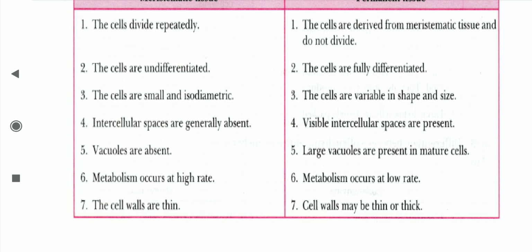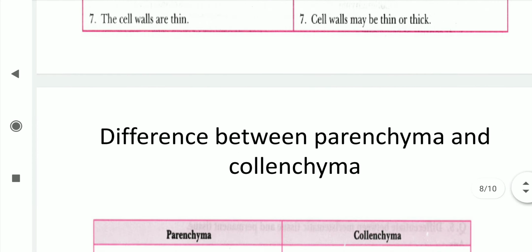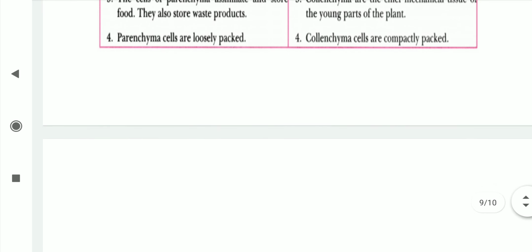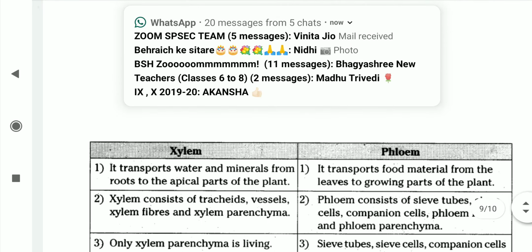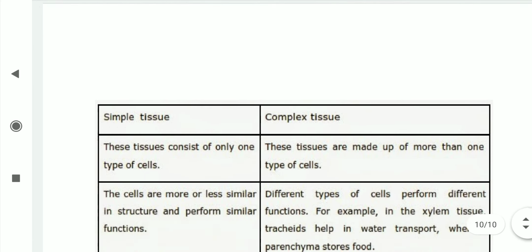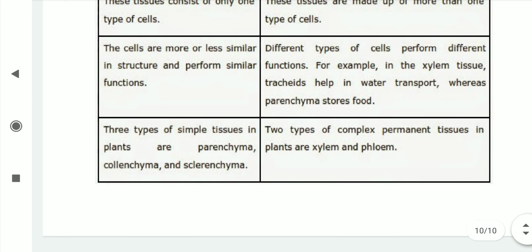Only for you I am giving you these tables. Difference between parenchyma and collenchyma. Then xylem and phloem. Simple tissue and complex tissue. So these differences I have given for your interest. Now thank you, children.